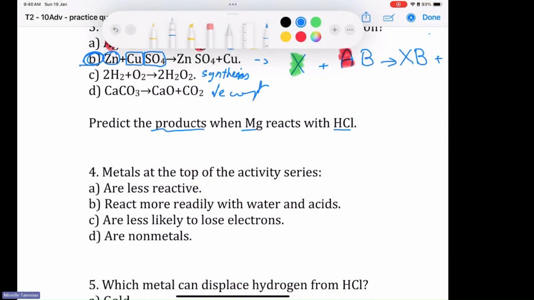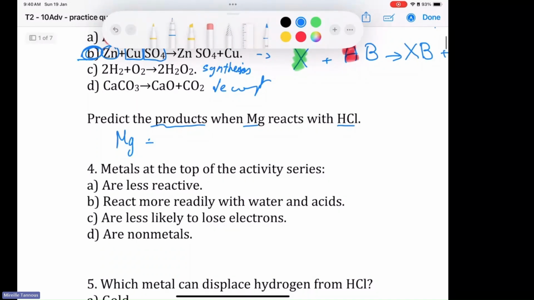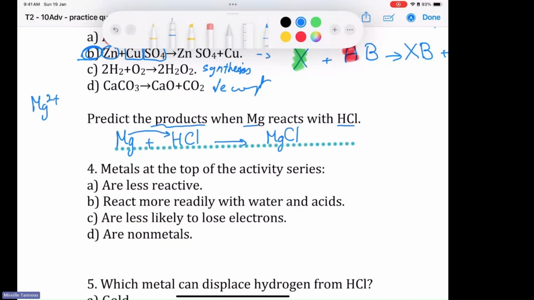Now, you will not get too many questions to predict the product, but maybe probably in the end of the term exam. These kinds of reactions: magnesium plus hydrogen chloride. We also did this in the lab. Magnesium can react with the hydrogen, so it takes the place of hydrogen and it becomes Mg. Now, from term 1, we studied that Mg belongs to group 2 and Cl belongs to group 17. It's a -1. So we put the 1 here, or we just ignore the 1.